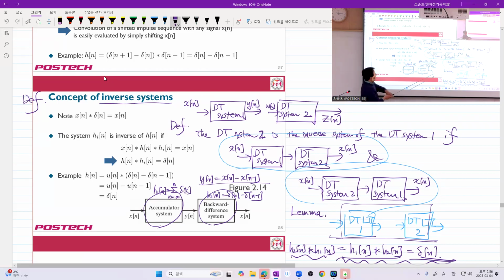So by computing the convolution of these two impulse responses, you just need to show that the convolution gives you delta of n. If this is too difficult, there is another way. You can easily show that one. And actually, this one is the same as u of n, as you've seen. So just compute that one. It's another way.